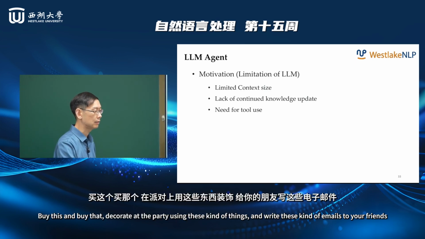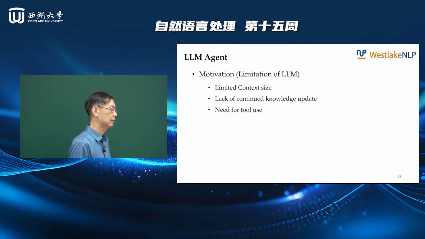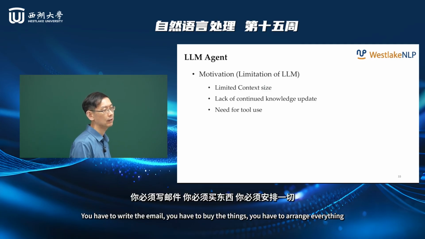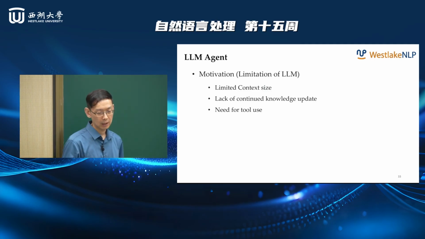Buy this and buy that. Decorate the party using these kinds of things. And write these kinds of emails to your friends. But in the end, you have to do it. You have to write the email, you have to buy the things, you have to arrange everything.